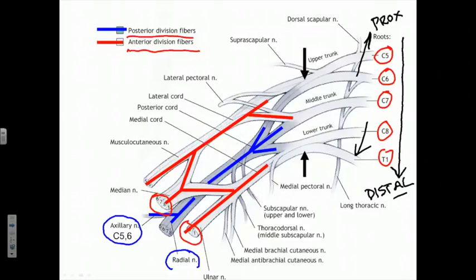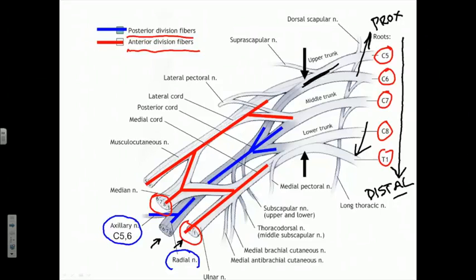So using that, what we've also shown in the cross sections down here at the end are the spinal cord segments that are commonly found in these 5 major nerves that arise from the plexus. For example, you can see the musculocutaneous nerve is mainly a C5 and C6 nerve because it's a virtual continuation of the upper part of the brachial plexus.